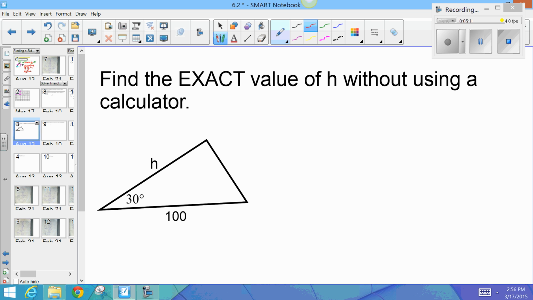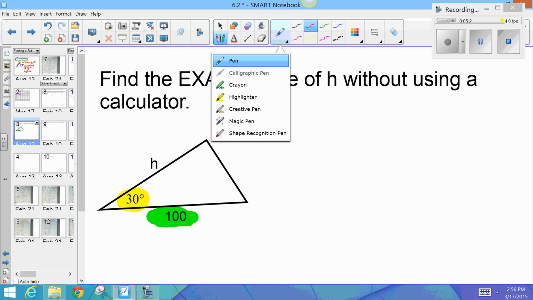All right, so for this problem, I've got 30 degrees. I've got 100. Those two things were given. There's a right angle right here.